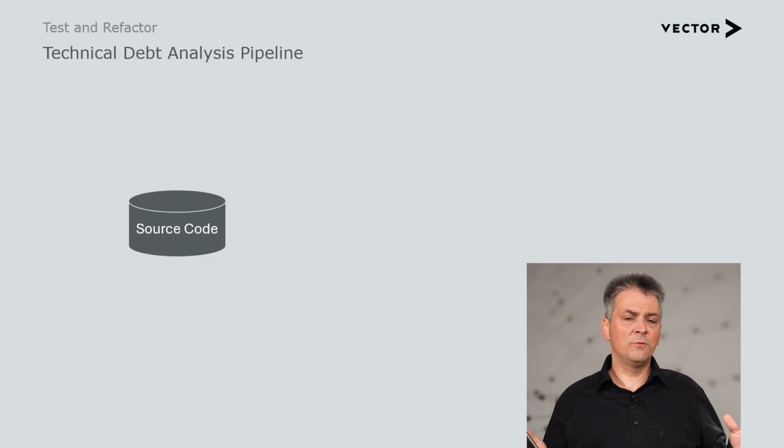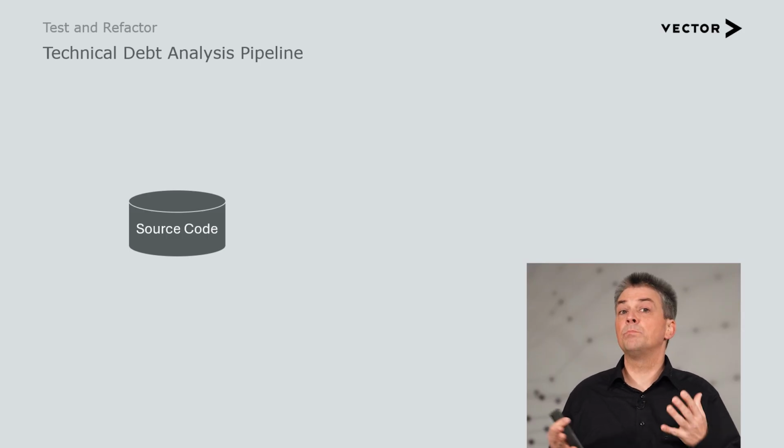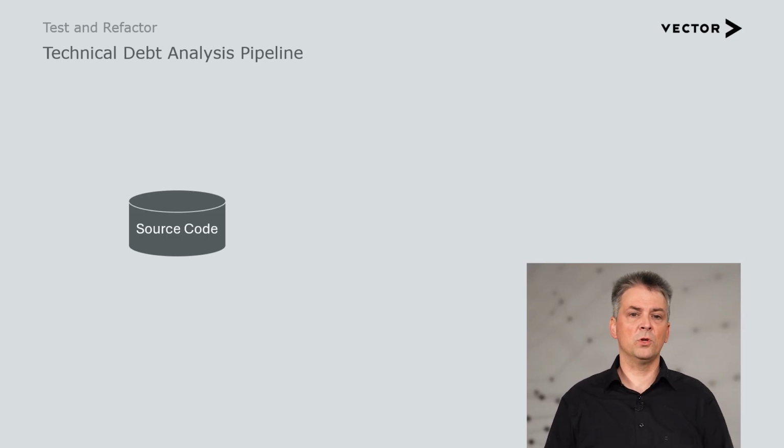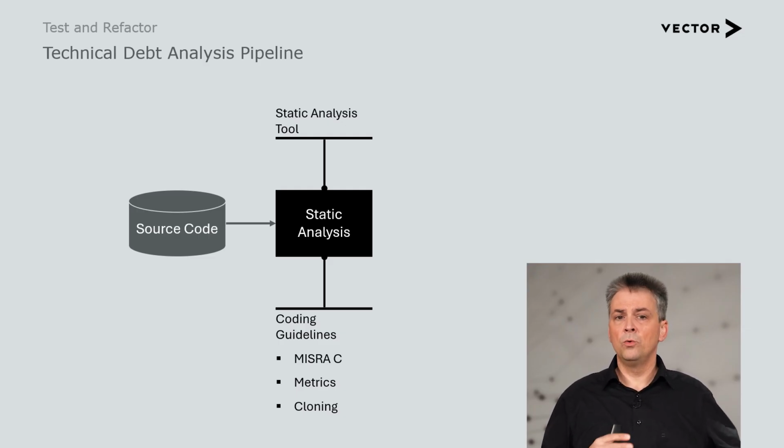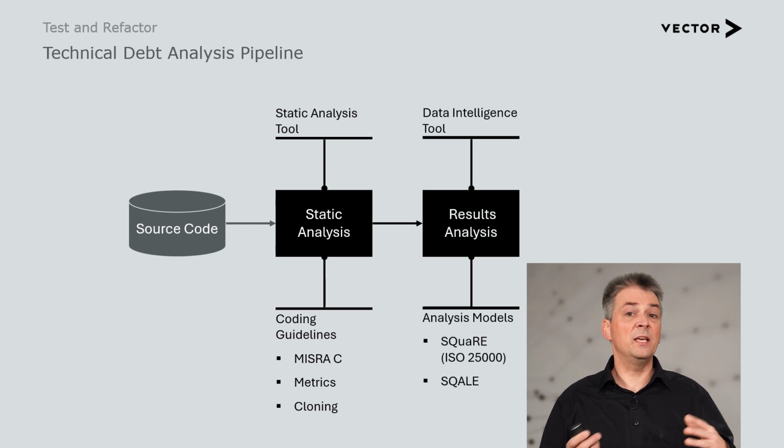So using that information, we can build up an analysis pipeline. At the start, we have the source code, and then we use the static analysis tools to measure the adherence to, for example, coding guidelines, to measure metrics, and to detect cloning. And then we need to analyze this information to put it together so that in the end we can make something out of these results.